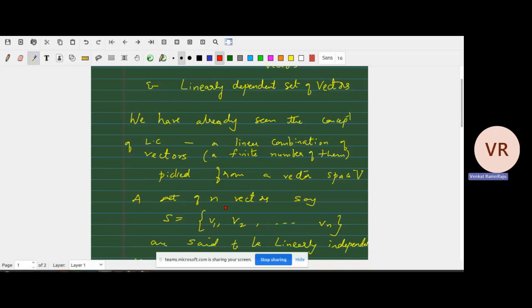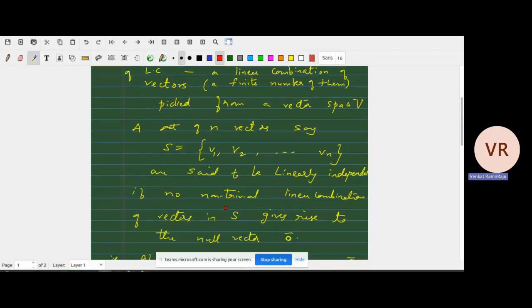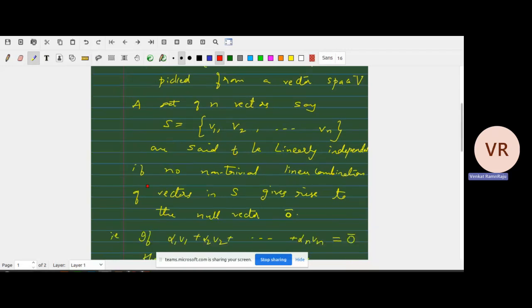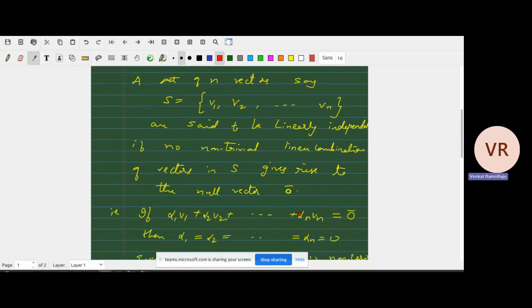So a set of n vectors, say S is equal to {v1, v2, ..., vn}, is said to be linearly independent if no non-trivial linear combination of vectors in S gives rise to the null vector. In most of the Western books, they first define linearly dependent vectors, but we are doing it the other way around.